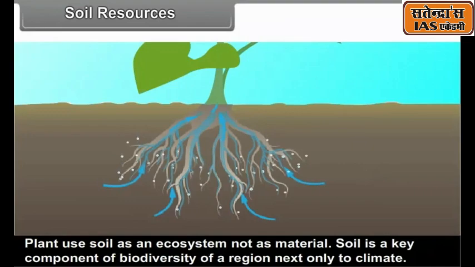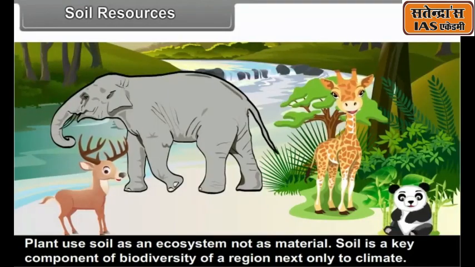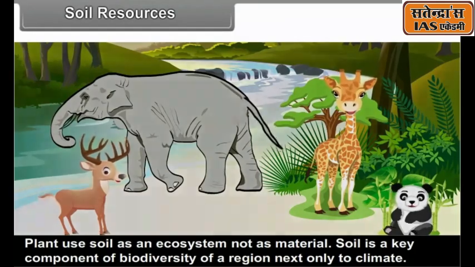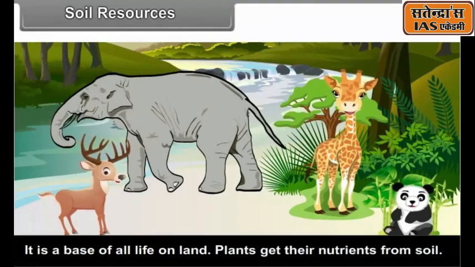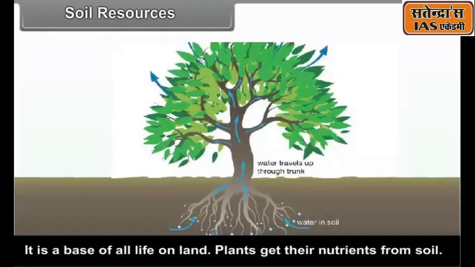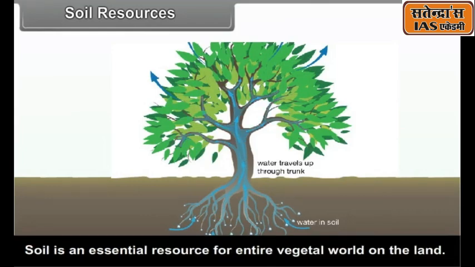Plants use soil as an ecosystem, not as material. Soil is a key component of biodiversity of a region, next only to climate. It is the base of all life on land. Plants get their nutrients from soil. Soil is an essential resource for the entire vegetal world on the land.